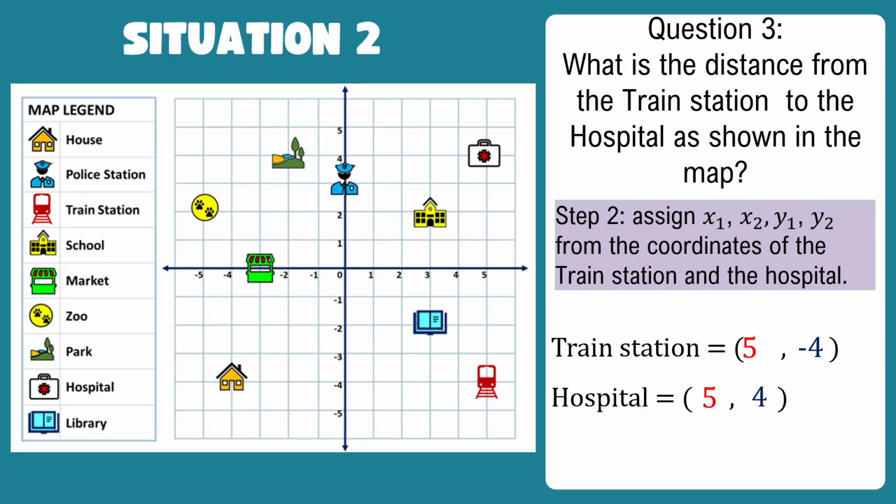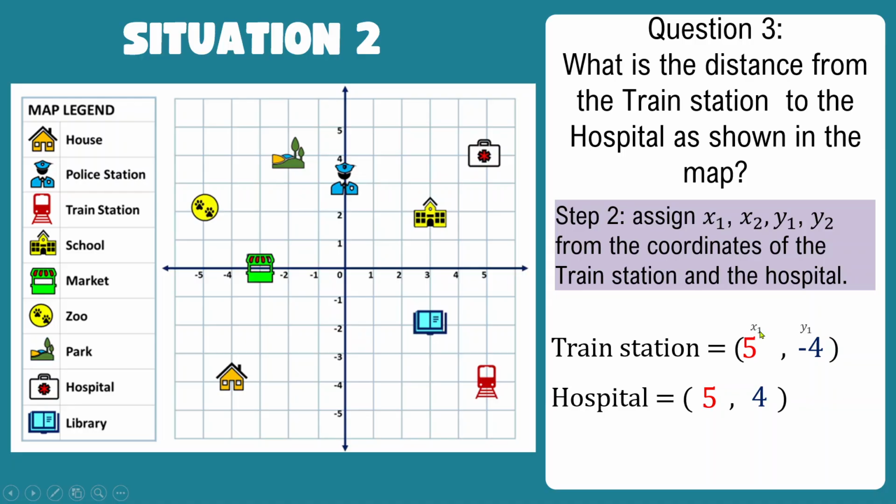Step 2, assign x sub 1, x sub 2, y sub 1, and y sub 2 from the coordinates of the train station and the hospital. If the train station is your first point, this would be your x sub 1, and this would be your y sub 1.